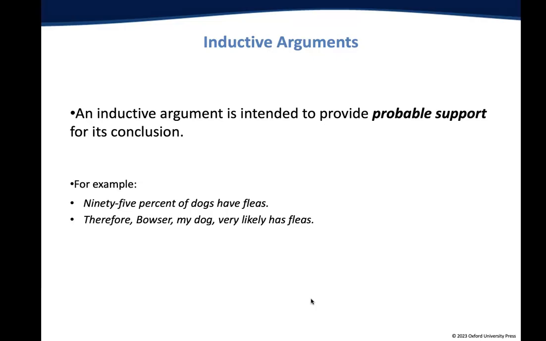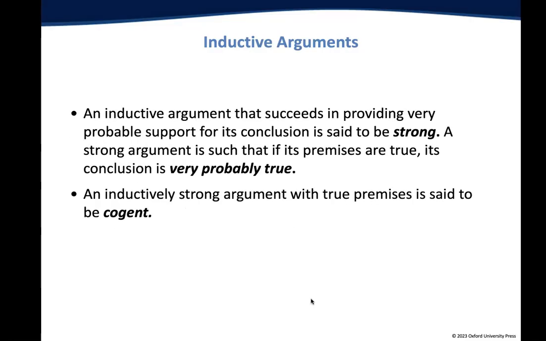But some of the words that signal an inductive argument include things like likely, probably, chances are, odds are, it's plausible that. So those are indicator words that suggest probability. You may need to pay attention to those indicator words in making that distinction between inductive and deductive arguments.